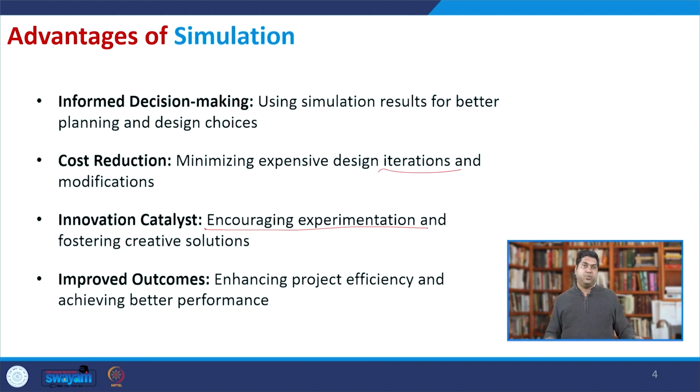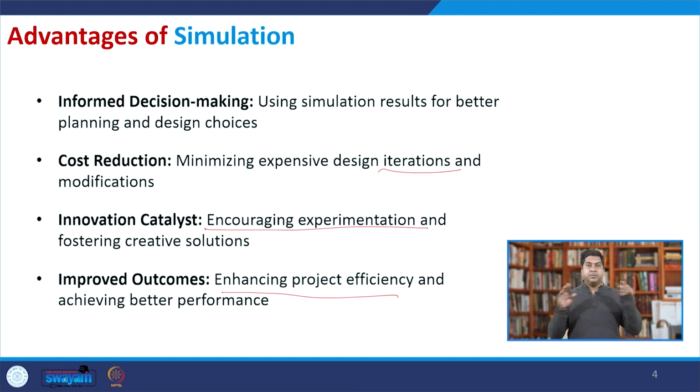But here you can come up with interesting and creative solutions. It also provides assured improved outcomes, enhancing project efficiency and achieving better performance, because you have those control parameters with you.